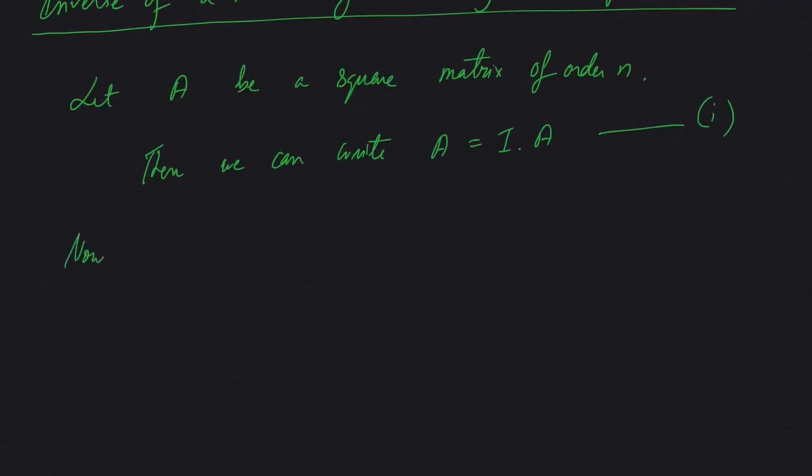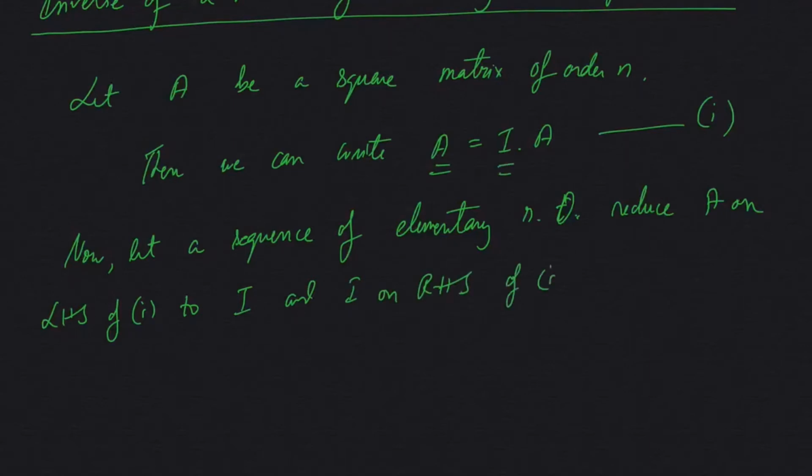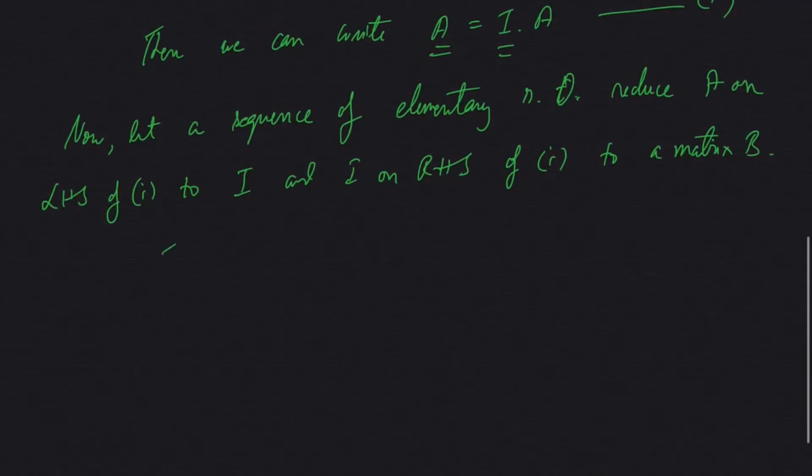Now let a sequence of elementary row operations reduce the matrix A on the left hand side of equation 1 to the identity matrix, and I on the right hand side of 1 to another matrix B. So in that case we will be left with, after the operations, I equal to B into A.